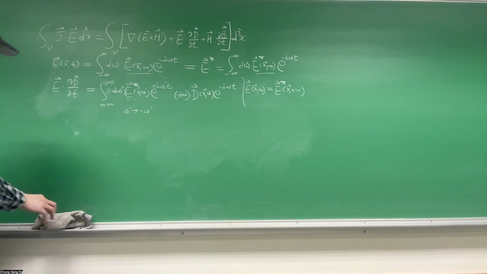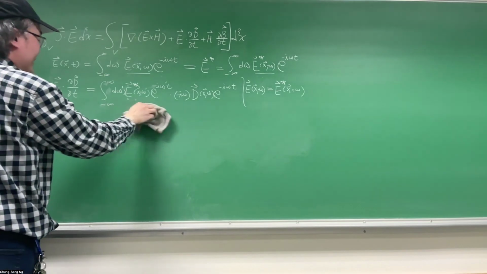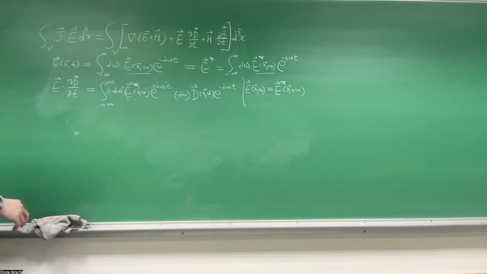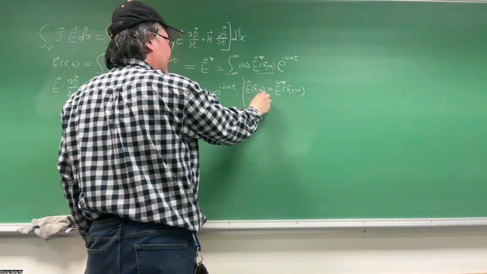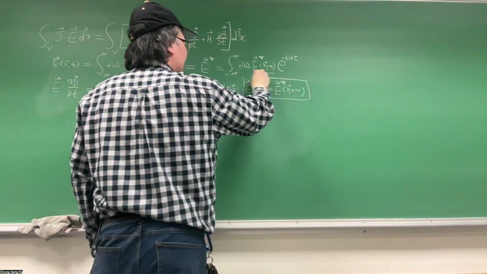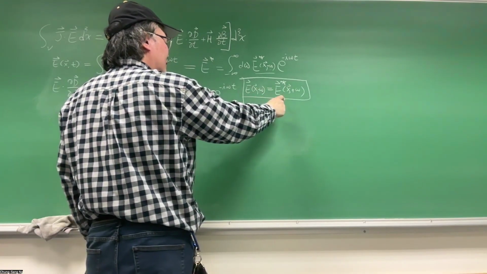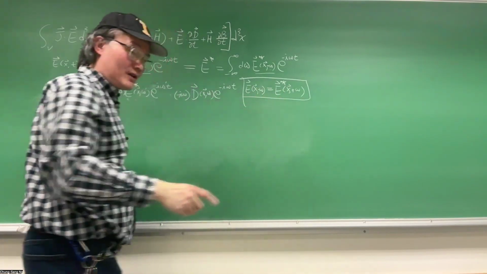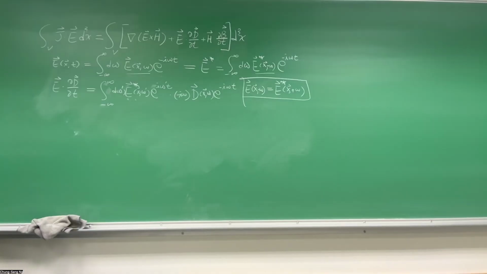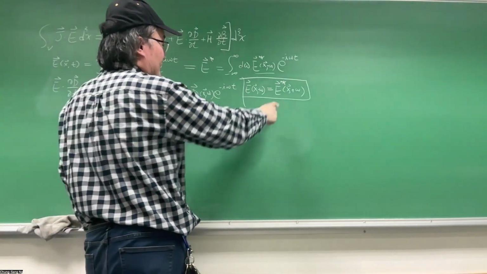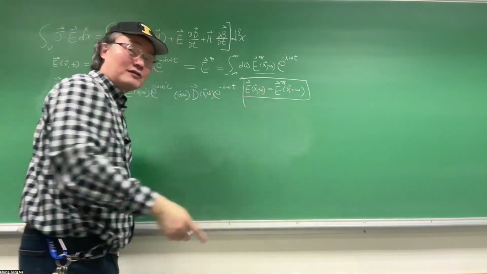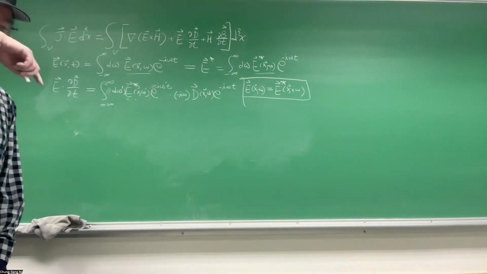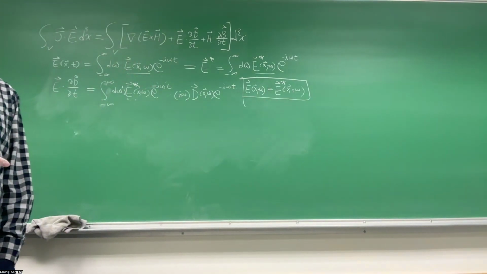Okay, there's a lot of this complex manipulation, and I mean this is basically just an exercise, but this is important. Whenever you have a real quantity, the complex conjugate of its Fourier transform is the same as taking the negative frequency, evaluating the Fourier transform using negative frequency.